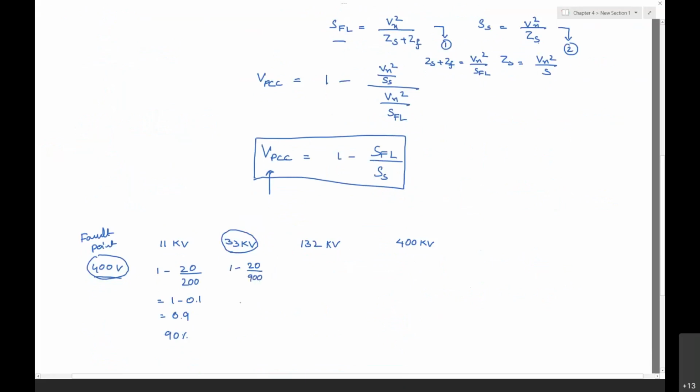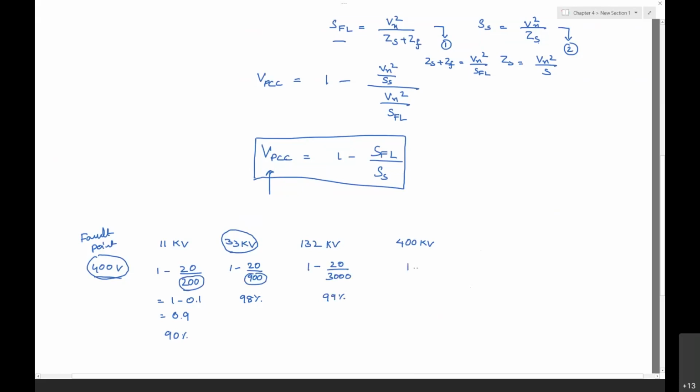Then the voltage is going to come as 98 percent, because the MVA rating at the 33 kV line is much higher than the MVA at the 11 kV line. Similarly, for a 132 kV line, the fault level MVA is 20 MVA and the source MVA at the 132 kV line is around 3000. In that case, we will get 99 percent.